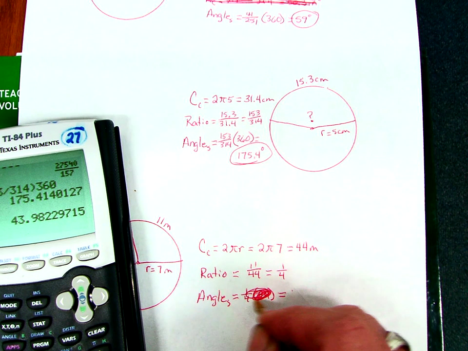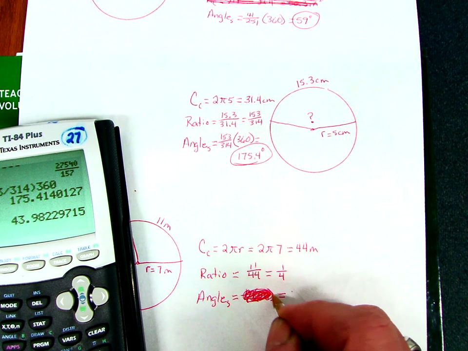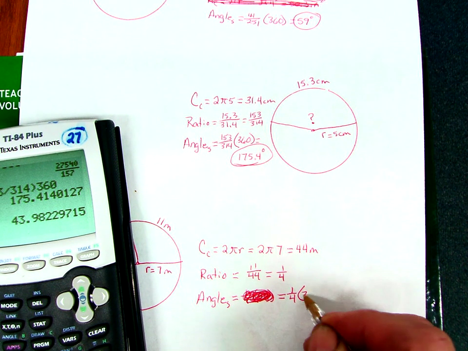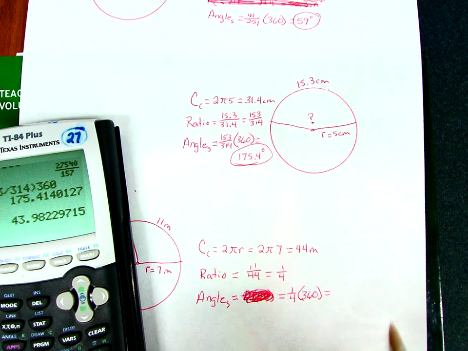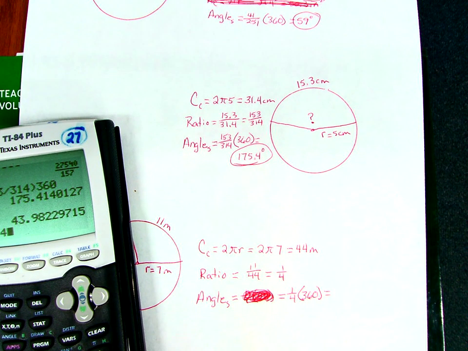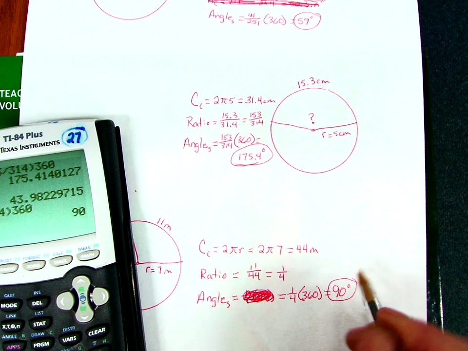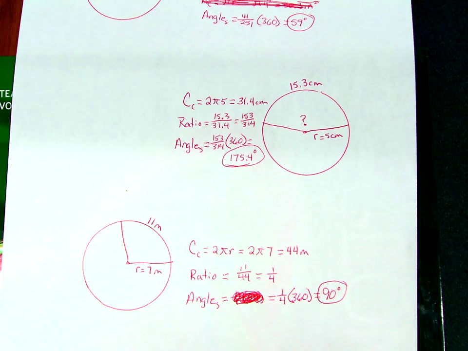Oh, Mr. Mackey's having a bad day here. Bear with me. 1 over 4 times 360. We're looking for angle measure. So 1 divided by 4 times 360, 90 degrees. This is a 90 degree angle here.